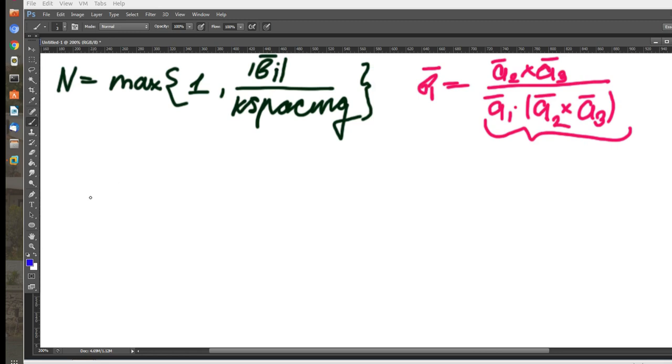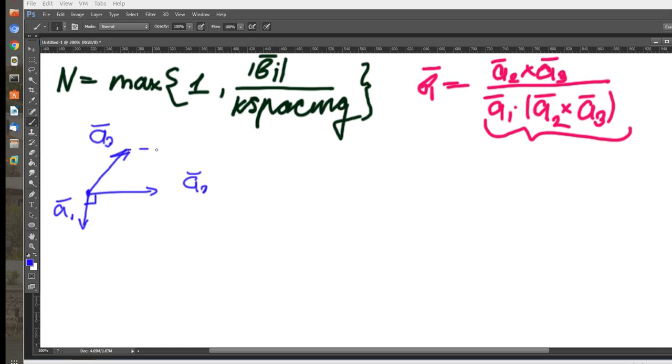So let's have a look at some unit cell. 1, 2, and let that angle be equal to 90 degrees to that vector, and these vectors are a1, a2, and a3.